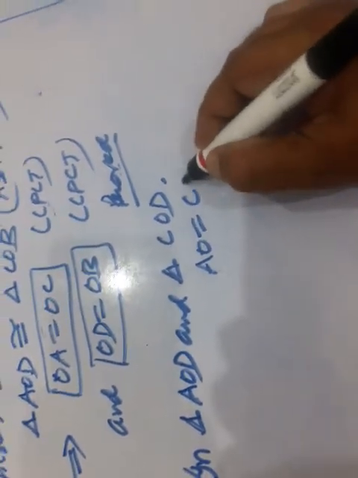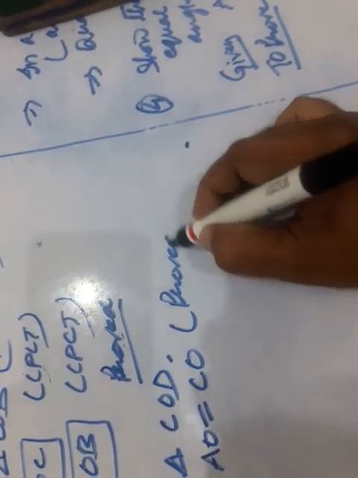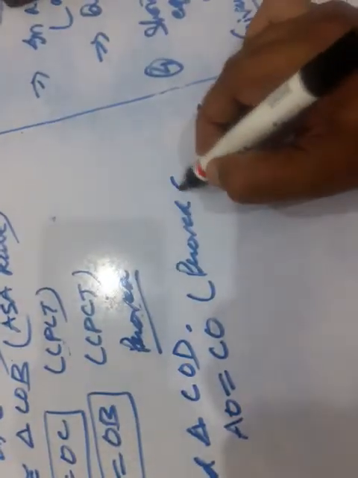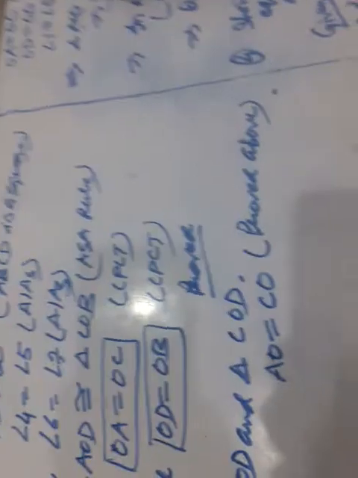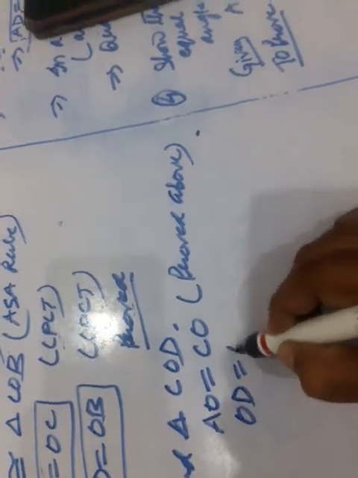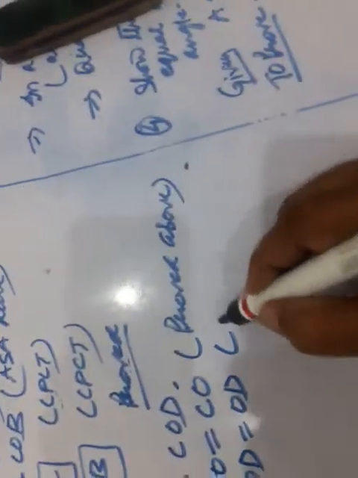AO equal to CO, that is proved above, in the second step. What else is there? OD equal to OD, that is common.